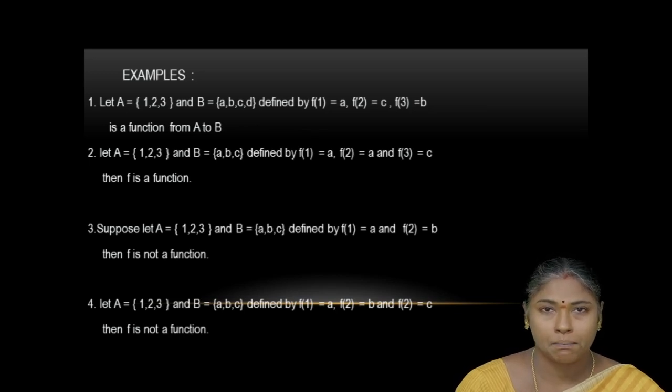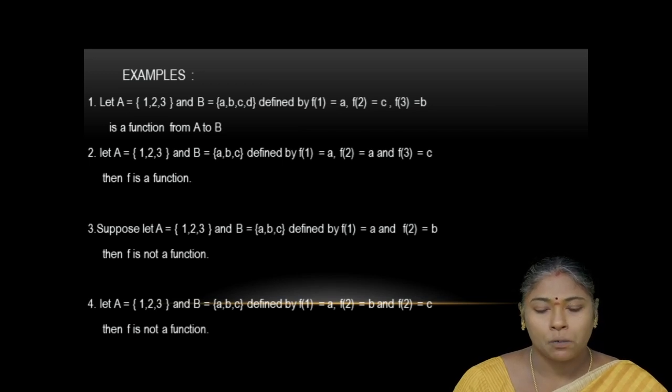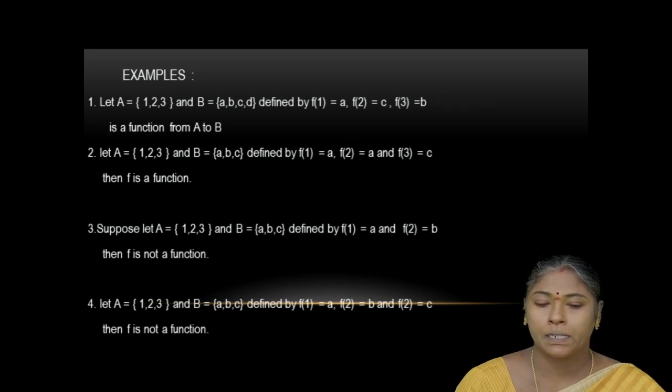Now the second example: A equal to {1, 2, 3} and B equal to {a, b, c}, defined by f of 1 equal to a, f of 2 equal to a, f of 3 equal to c. Here 1 and 2 have the same image in the codomain.